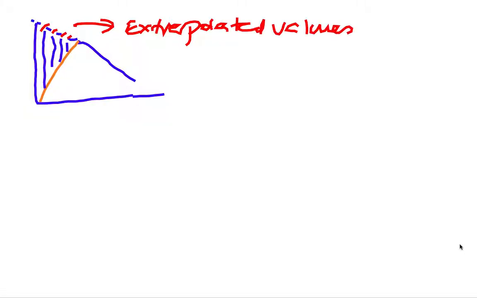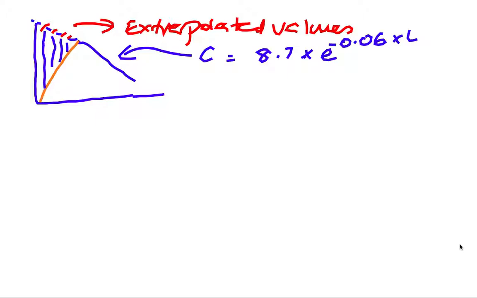To calculate that, we need the equation that we just determined. The equation for the straight line is C equals 8.7 micrograms per ml times e raised to negative 0.06 times t.